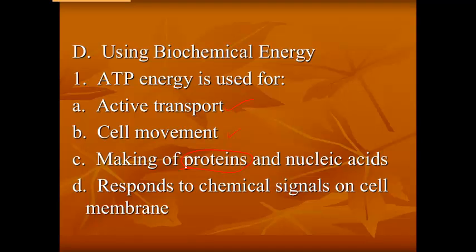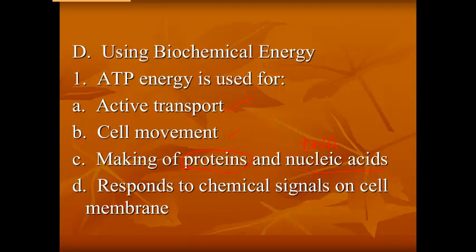Making proteins is done by the ribosomes, but we also modify proteins and we package and ship them with the ER and the Golgi apparatus, so all of those require energy. Making nucleic acids, the biggest one being your DNA. So every single time you have a new cell and you need to put DNA in it, and you have to make DNA to put into the cell, it takes ATP energy in order to build that new DNA strand.